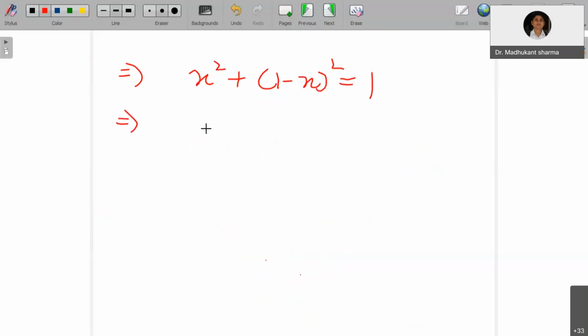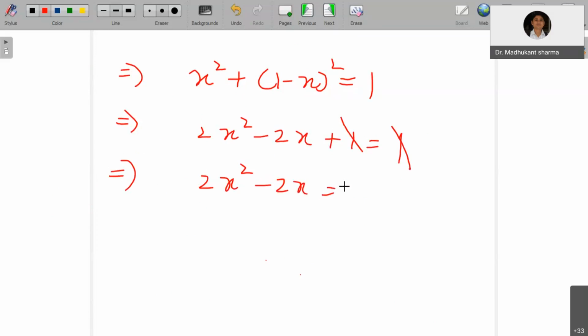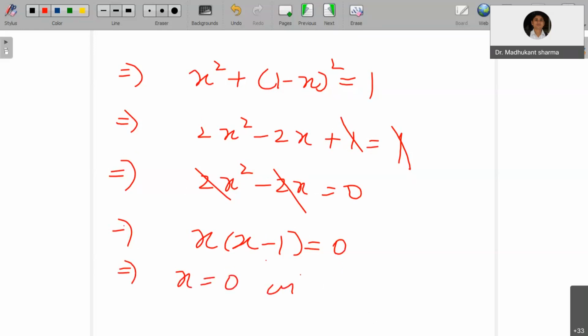If you open it up, you will observe 2x square minus 2x plus 1 equals 1, so 1 will get cancelled. From here, 2x square minus 2x equals 0, so 2 will also go down. We have x into x minus 1 equals 0.